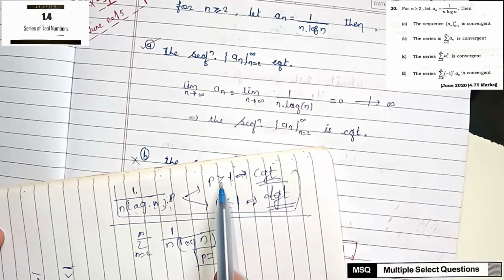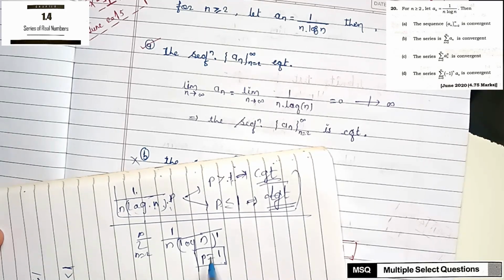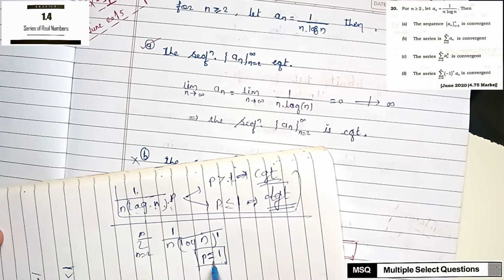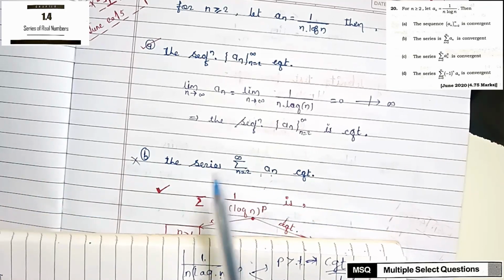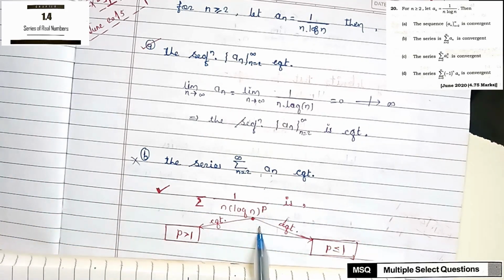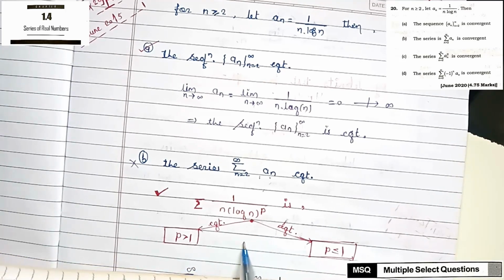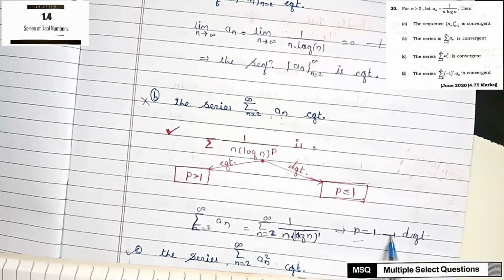If p is strictly bigger than 1, the series is convergent, but I got p exactly 1, and when p is 1 or smaller than 1, the series is divergent. So our series n equal to 2 to infinity of a_n is divergent, not convergent. By using this result we say that our series is divergent.